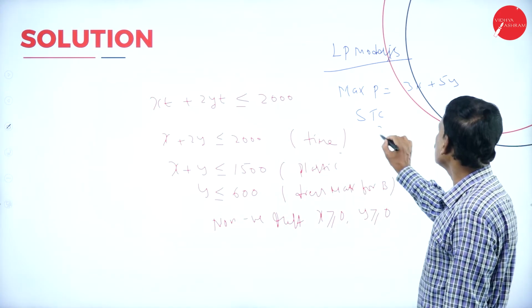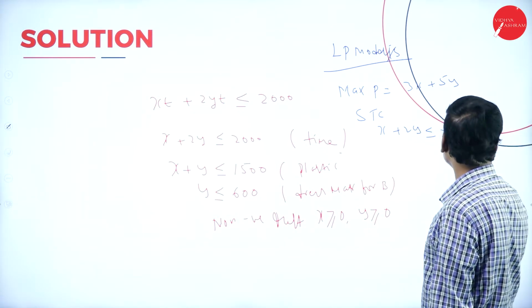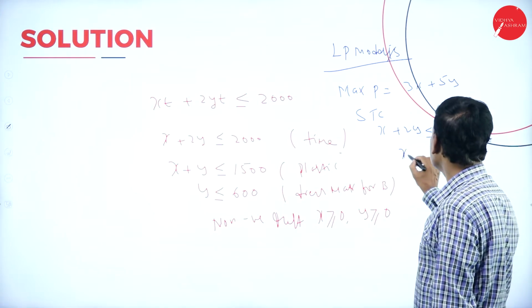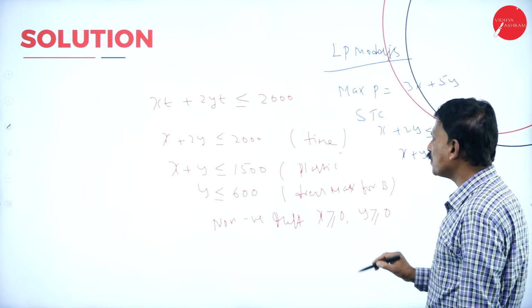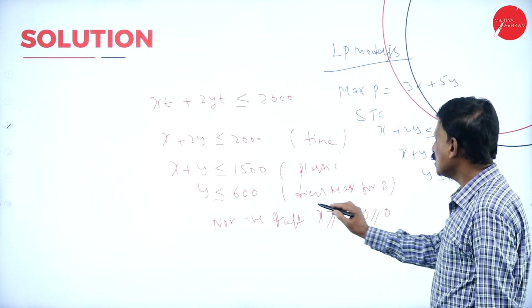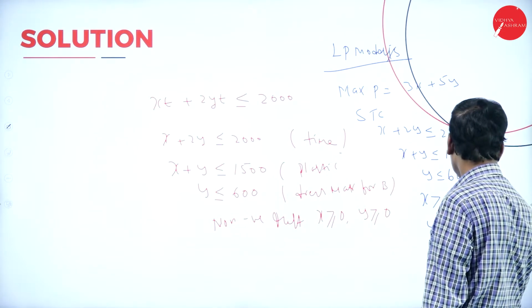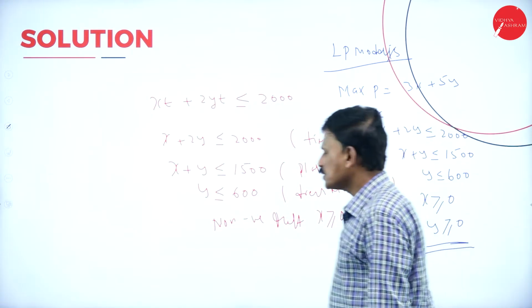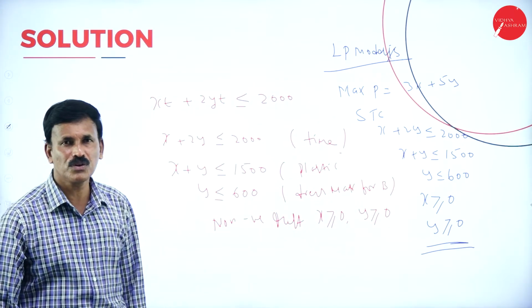What are the constraints? x plus 2y is less than or equal to 2000, x plus y is less than or equal to 1500, y is less than or equal to 600, and the non-negative restrictions, x is greater than or equal to 0 and y is greater than or equal to 0. This is the required LP model. That's it. Hope you followed this.